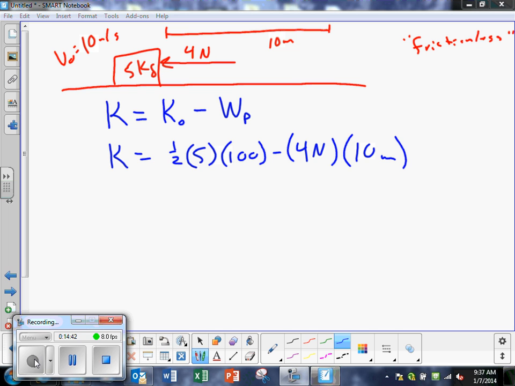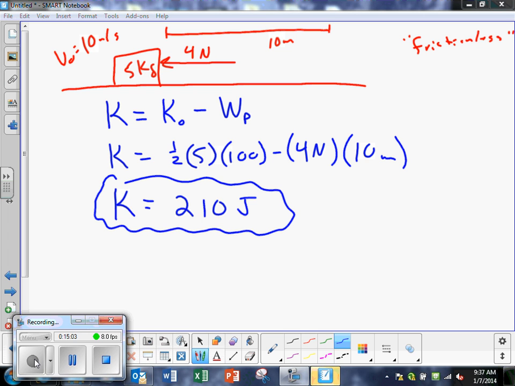I'm going to be slowing this thing down, right, because I'm pushing on it. So my new kinetic energy is going to be 210 joules. Okay? My final kinetic energy is 210 joules.